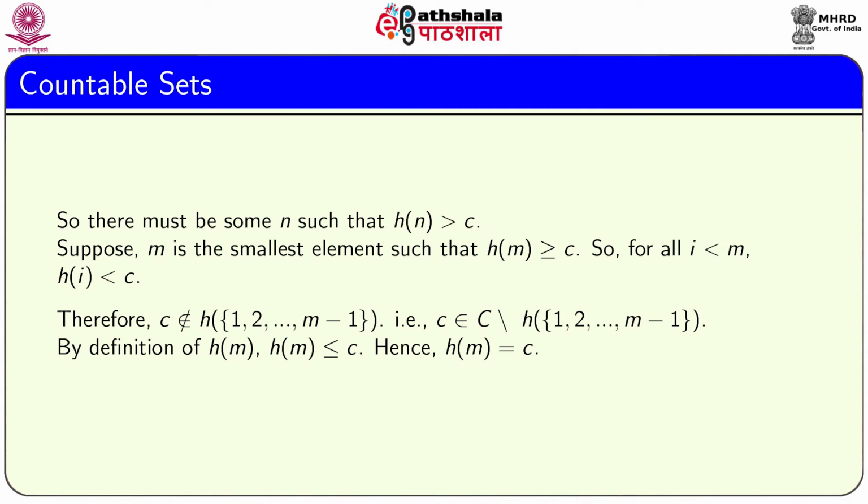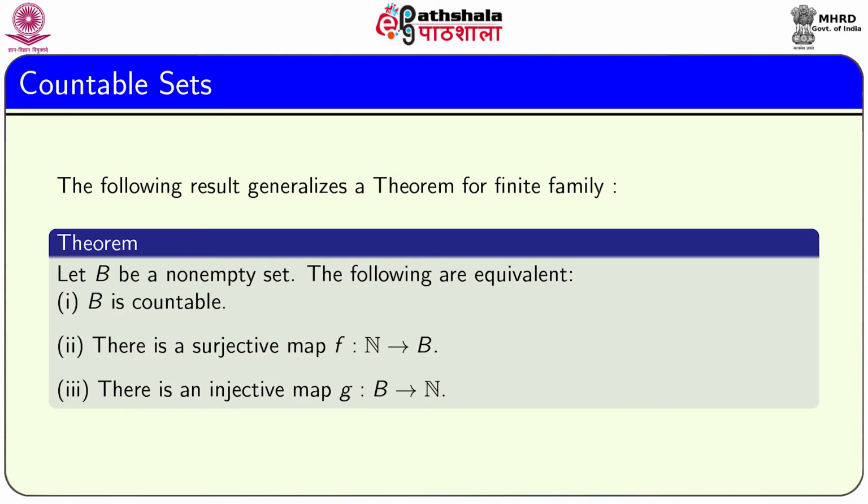By definition, H(m) must be less than or equal to C, and hence the choice for H(m) is equal to C, proving that the function H is surjective and hence H is bijective.